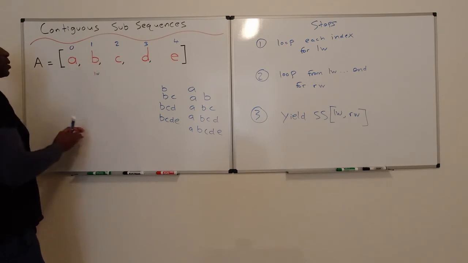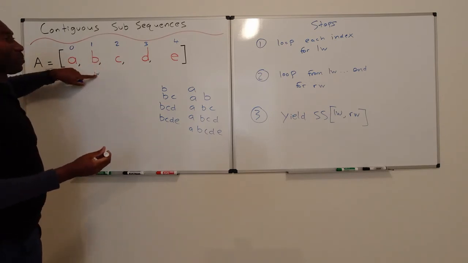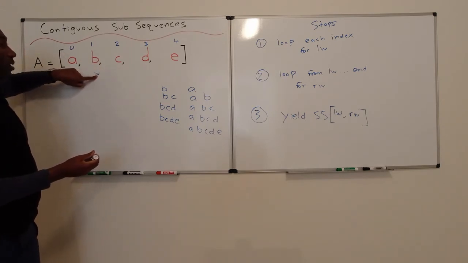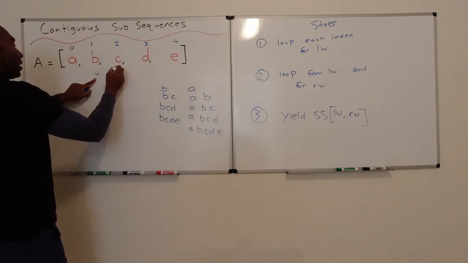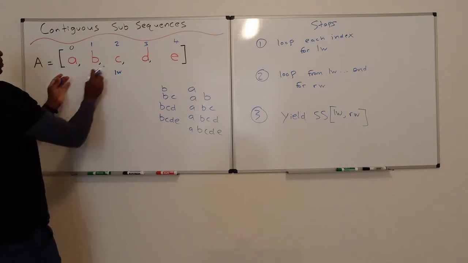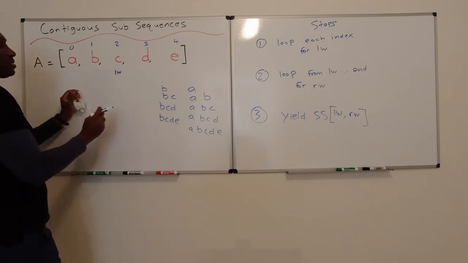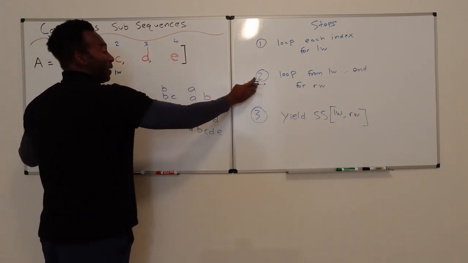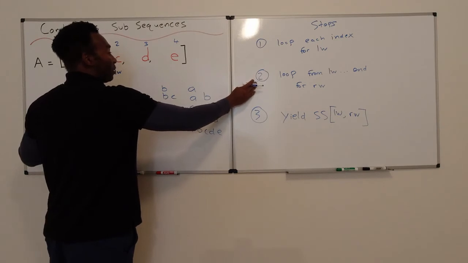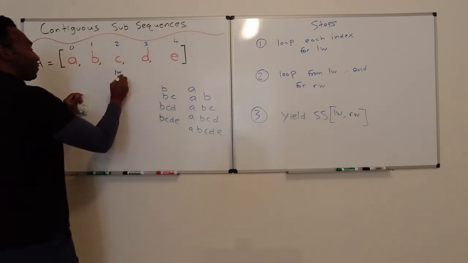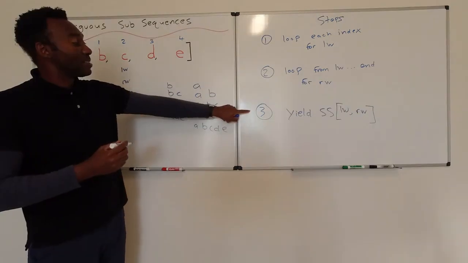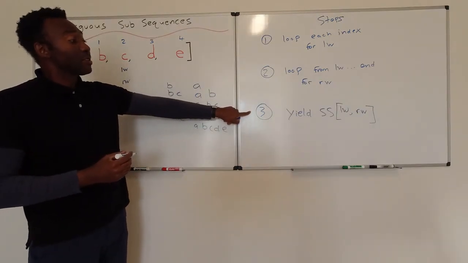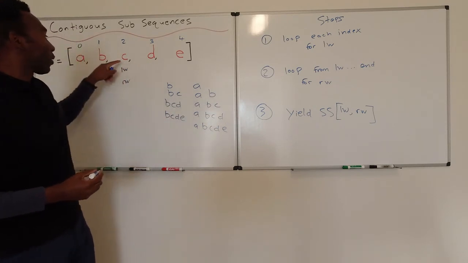All right, so right now the left wall is 1. When we increment the left wall, it will become 2. And once we have that, we're going to define the right wall. So the right wall will be defined at first as the same thing as the left wall, which is also 2. Step 3 is to yield the subsequence right here.